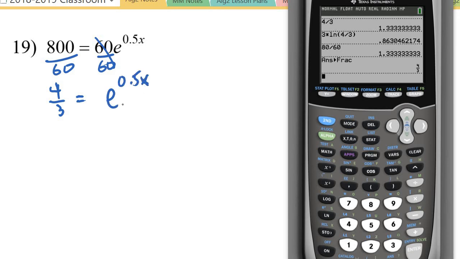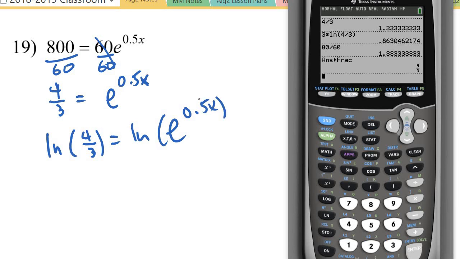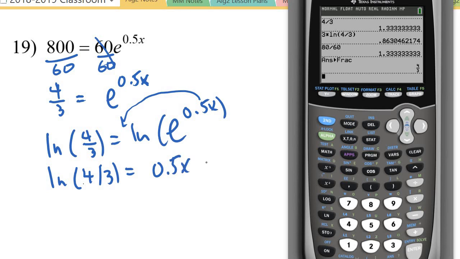And now you can actually take ln of both sides right now. Okay, so ln of 4 over 3 equals ln of e to the power of 0.5x. As usual, this 0.5x is going to come to the front over here. So ln of 4 over 3 equals 0.5x times ln of e.